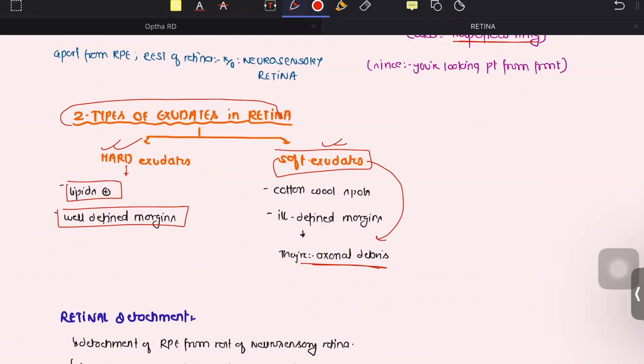If you have seen a cotton ball, it has a central dark area, and the periphery is blurry. It is not very sharp. So this type of exudate takes the morphology of cotton wool, and is also called cotton wool spots. If you are seeing cotton wool spots, it is a soft exudate made up of axonal debris, and it signifies there has been ischemia to the retina.